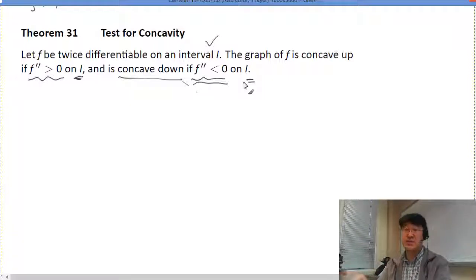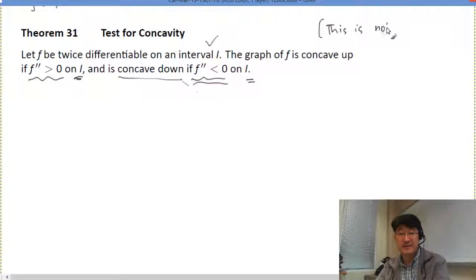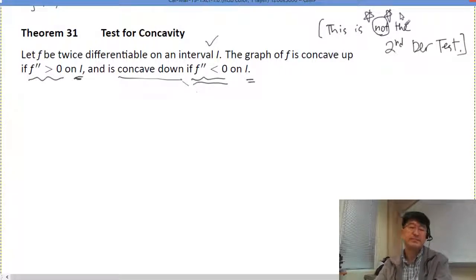Something is positive and something is negative, just like the first derivative test. And maybe you can write a note next to it: this is not the second derivative test. It's called the test for concavity. That uses the second derivative, right? The positive and negative sign of the second derivative.